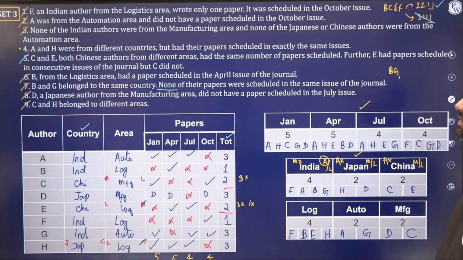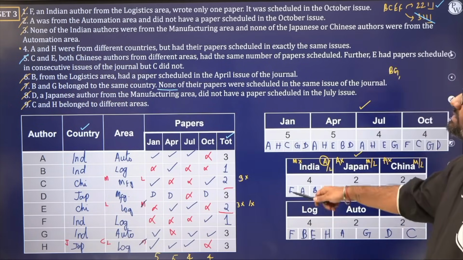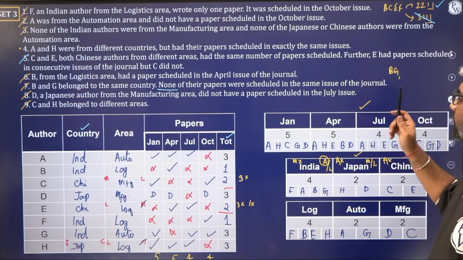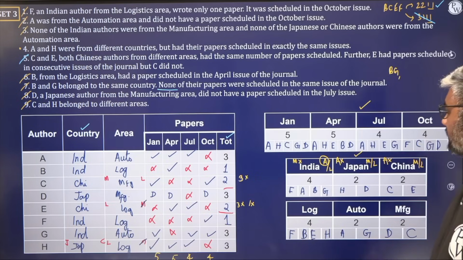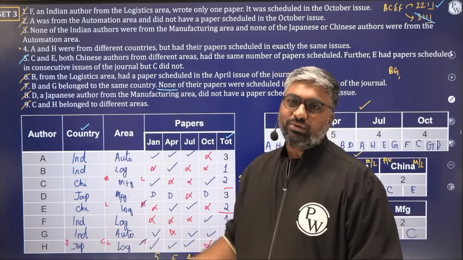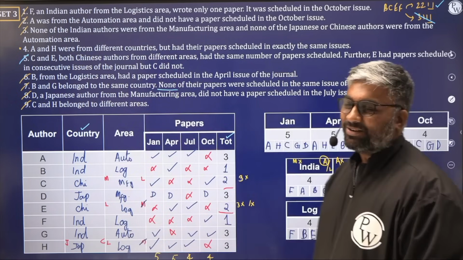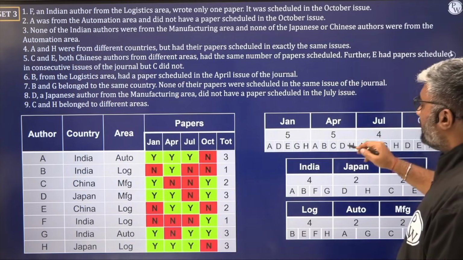Let's see quickly. F is Indian. Logistics. Only one paper. And October. So I'm not going to do that. You all pause and check once whether all 9 clues are satisfied or not. Okay? So with this we have our final bay.